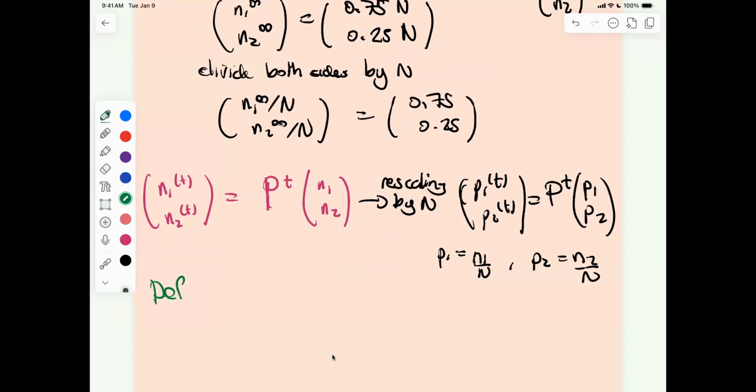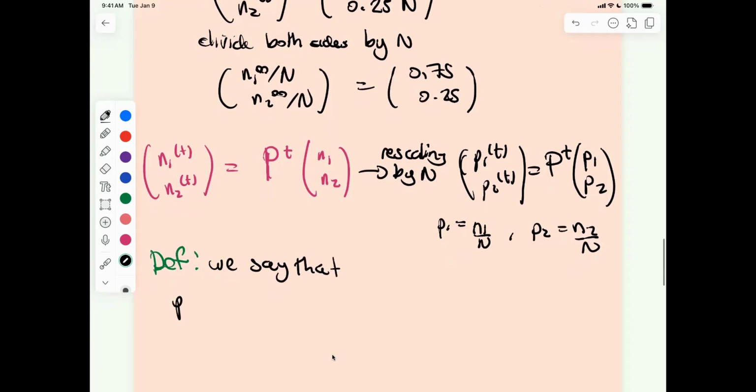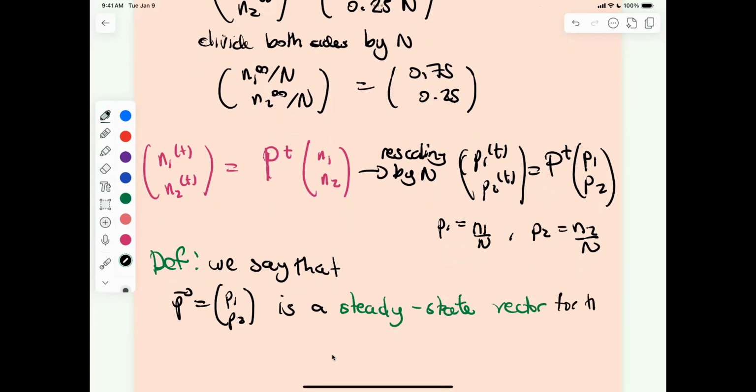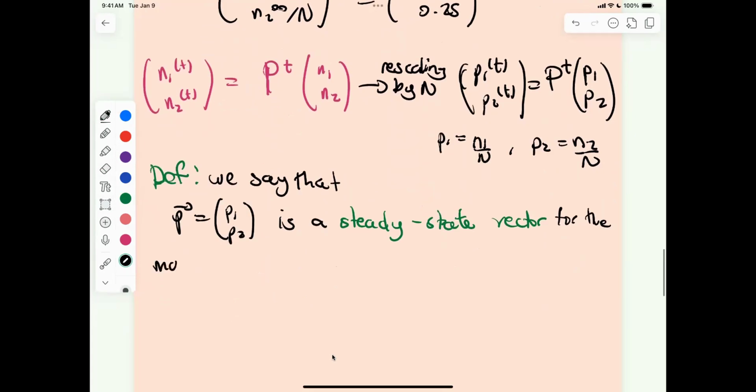So we say that (P1, P2) is a steady state vector for the matrix P if P times the vector P equals P.